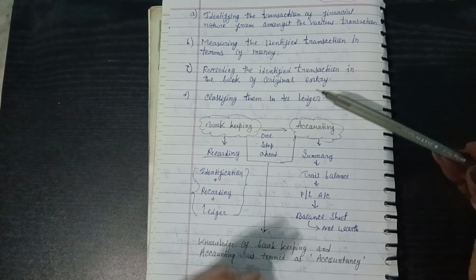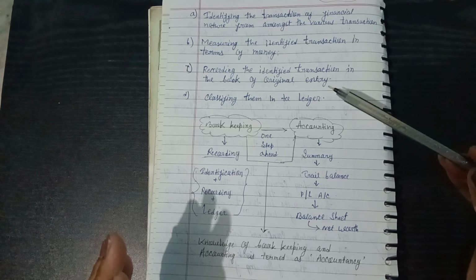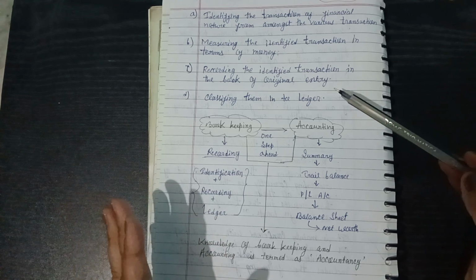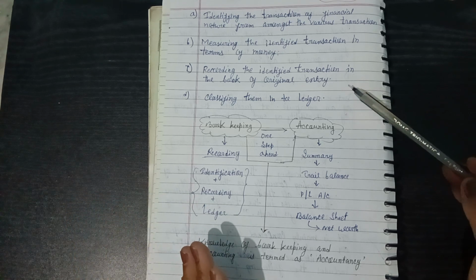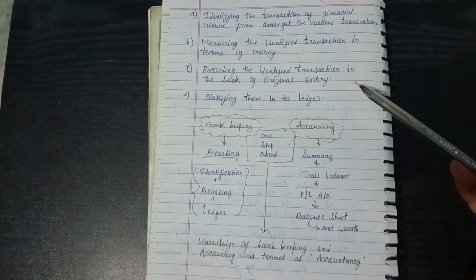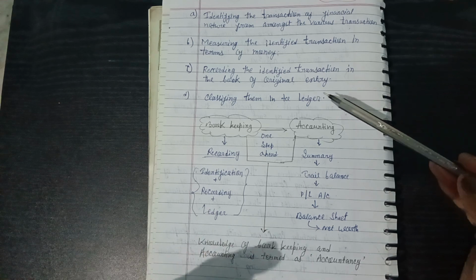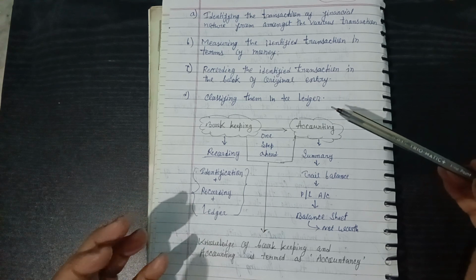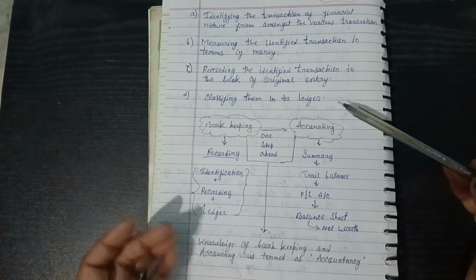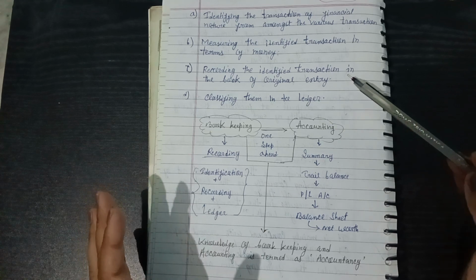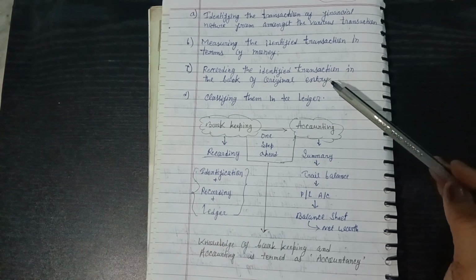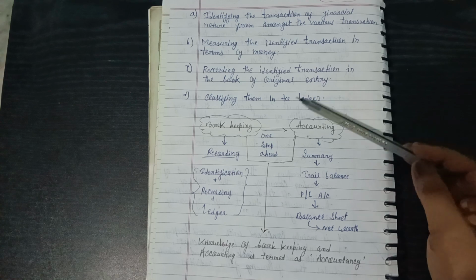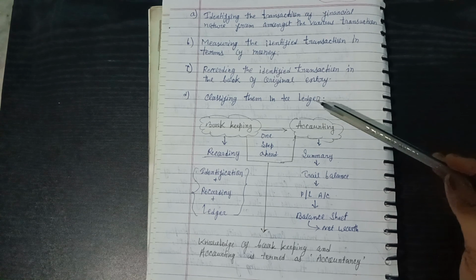So after that we can know very well what transactions were done with Ram or Sham, how much we sold, how much product we purchased, what assets we purchased or sold. So these types of transactions we will understand better with the help of the ledger.